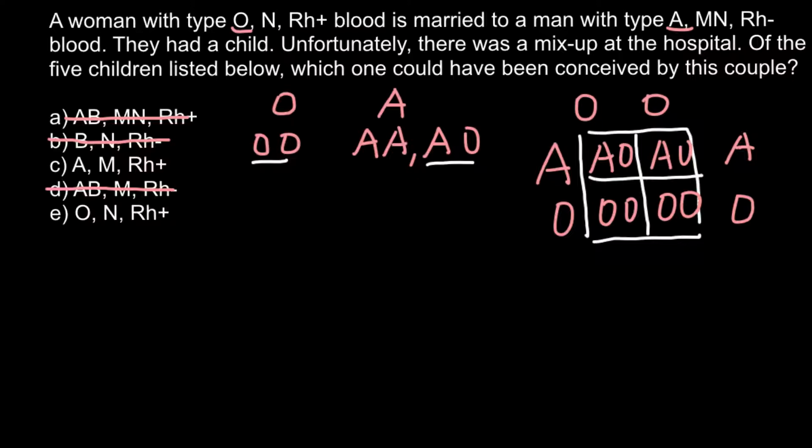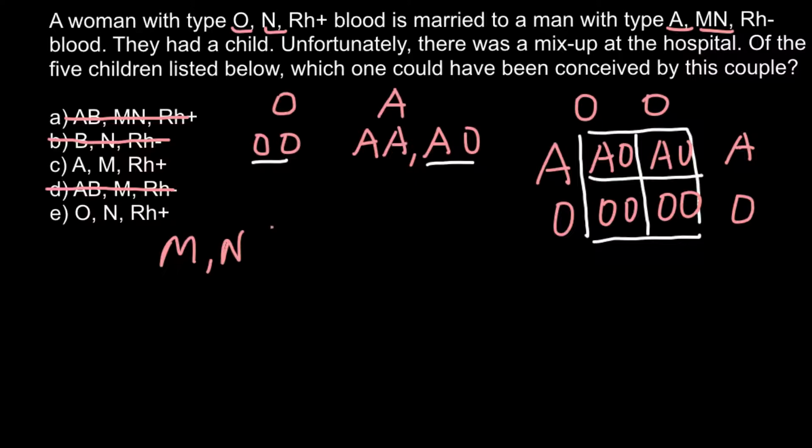So let's consider the next blood group, which we call Mn. The female belongs to blood group N, and the male belongs to blood group Mn. In this system we have 2 alleles, allele M and allele N. And 2 alleles in a diploid organism can produce 3 genotypes.